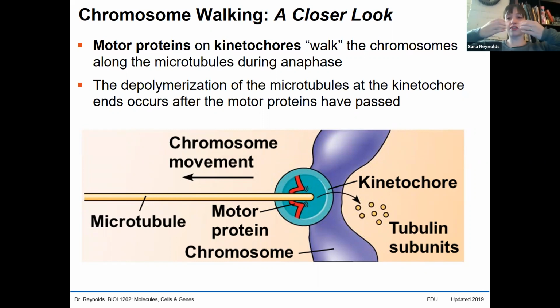It's simply the process of when you go through and create it, it gets longer. And when you depolymerize it, it gets shorter, creating and depolymerizing and creating and depolymerizing. But once you've lined up in the middle, in order to separate them, you go through the process of depolymerizing on both sides. Kinetochores not only walk these backwards, but they actually depolymerize tubulin behind them.